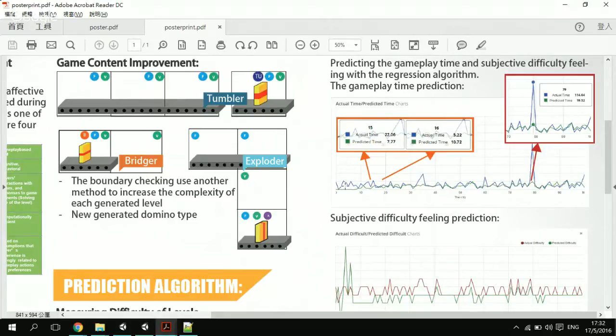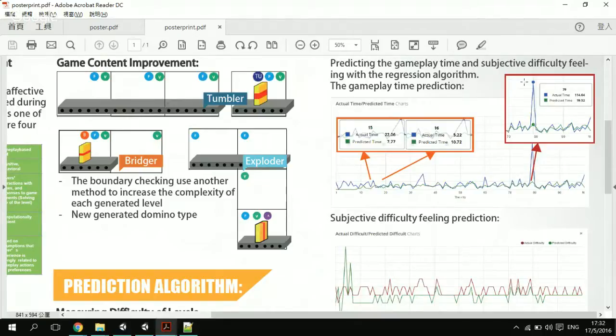And as we can see, at the start of the algorithm, which means when there is little data fed into the regression algorithm, the prediction is not that close to the actual time. Starting from about the 15th or 16th turn, the prediction is getting closer and closer to the actual time, which is quite a satisfactory result.